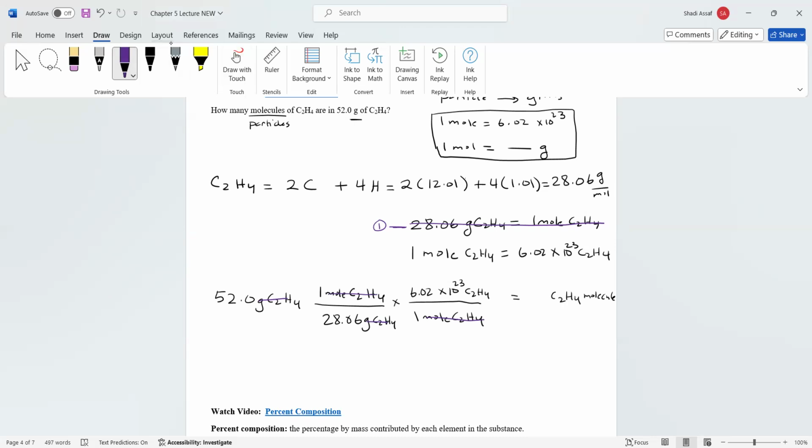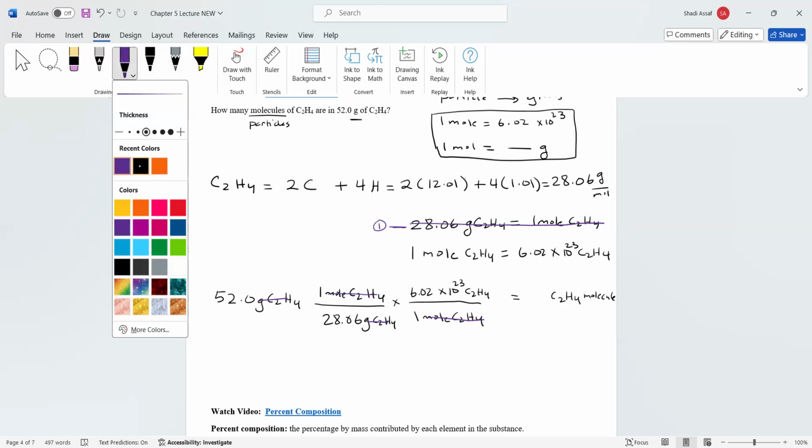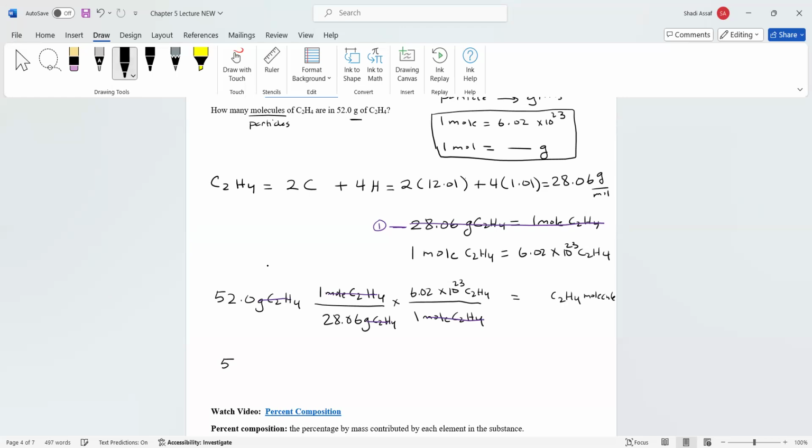Now you have a very large number here. So how do you actually use your calculator? We're going to multiply across and then divide by 28.06. We're going to do 52, open parentheses in your calculator, 52.0 times 6.02.